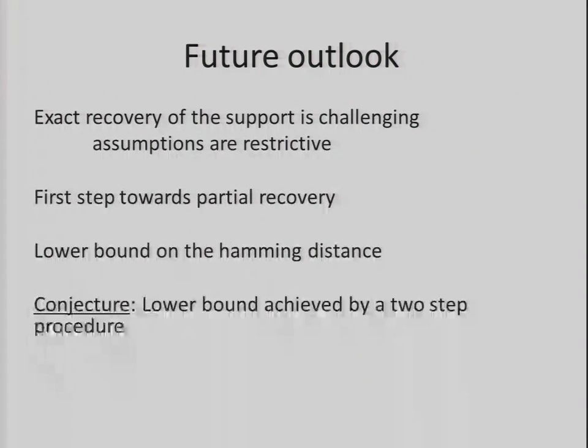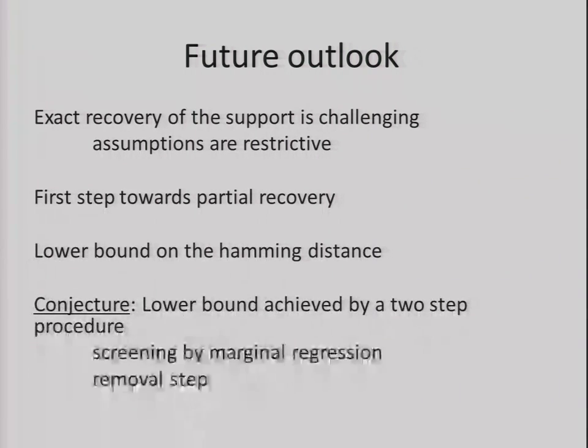We have only partial results towards that. Screening by marginal regression achieves the same Hamming distances as the lower bound suggests. But at this time, we don't know exactly what should be a second step in which we would clean irrelevant variables that are left in the model once we have performed marginal regression.